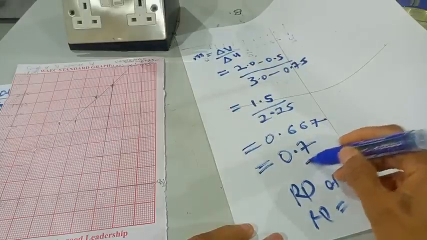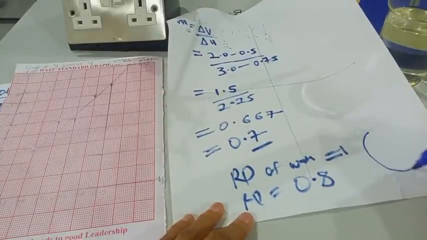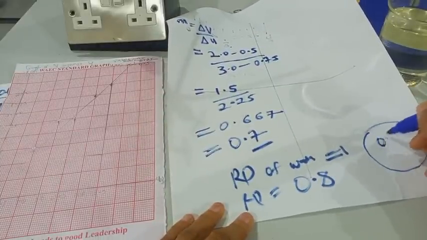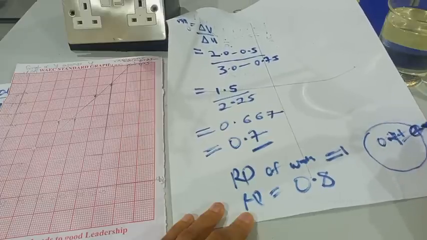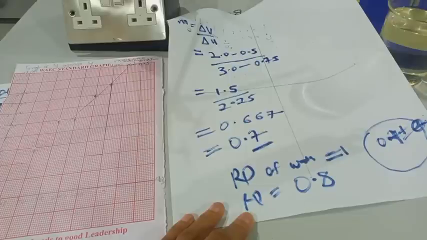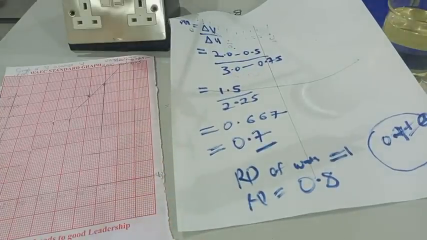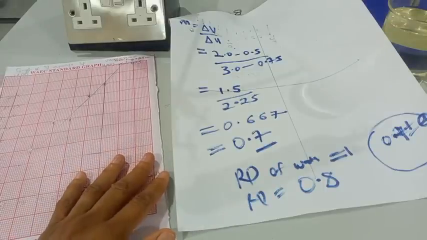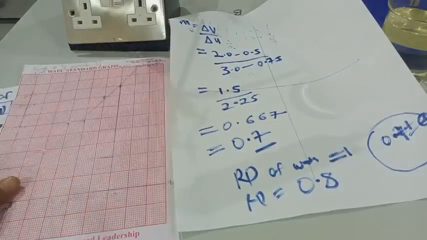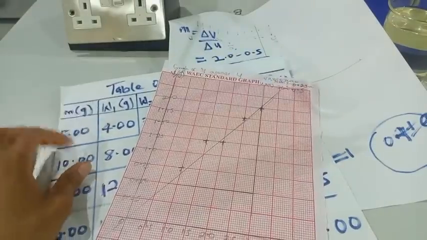So getting 0.7 in the mark scheme standard, remember 0.7 plus or minus 0.2 will be acceptable. So you can see that we are close to the true value for the relative density of kerosene.